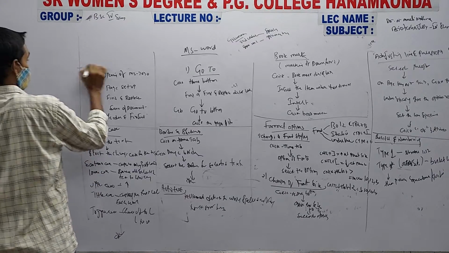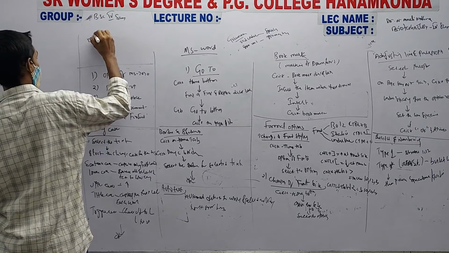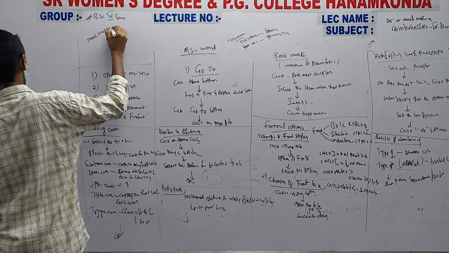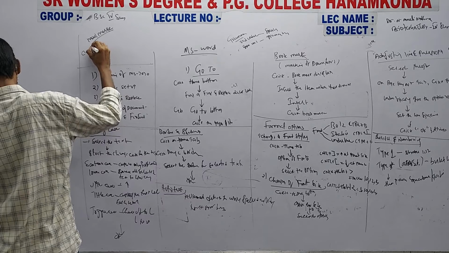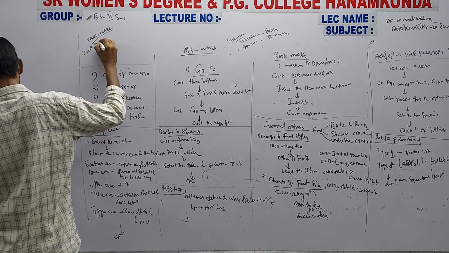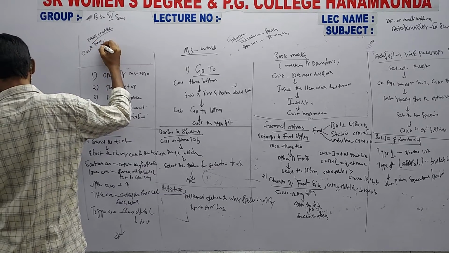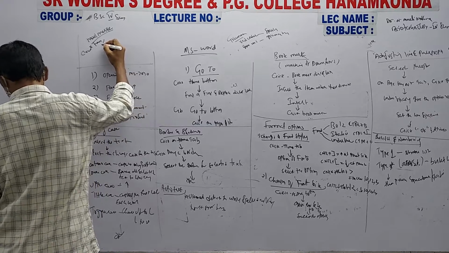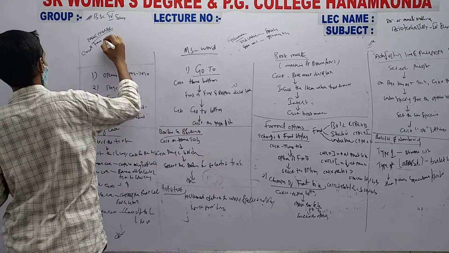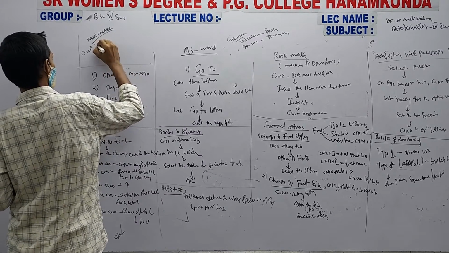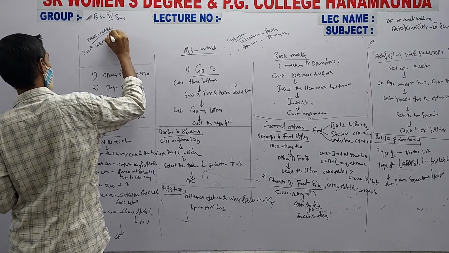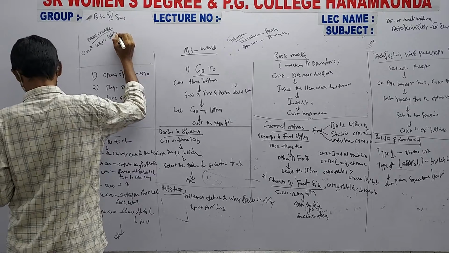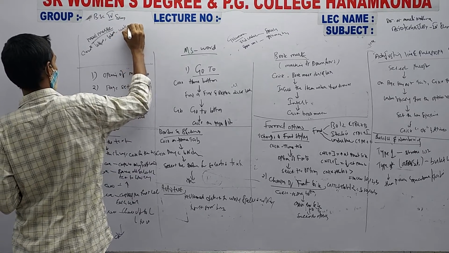Next one is mail merge. Mail merge is another option. This option is to create letters, mailing labels or envelopes with the same or different addresses.